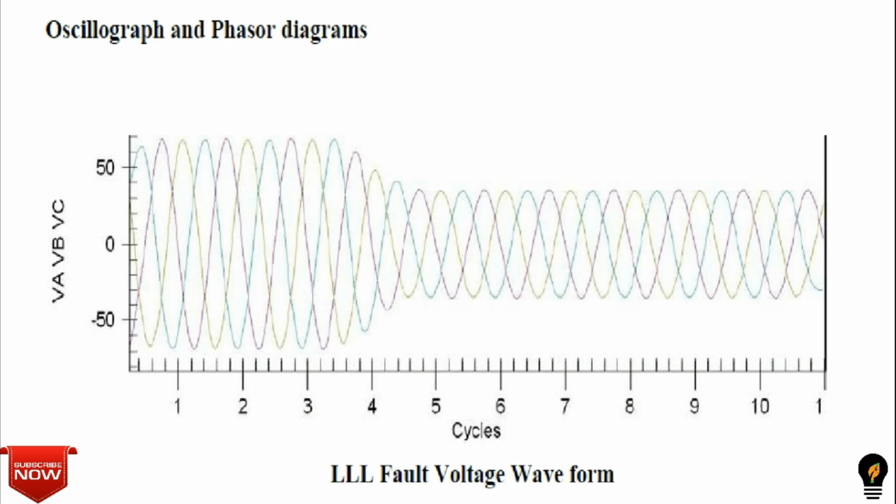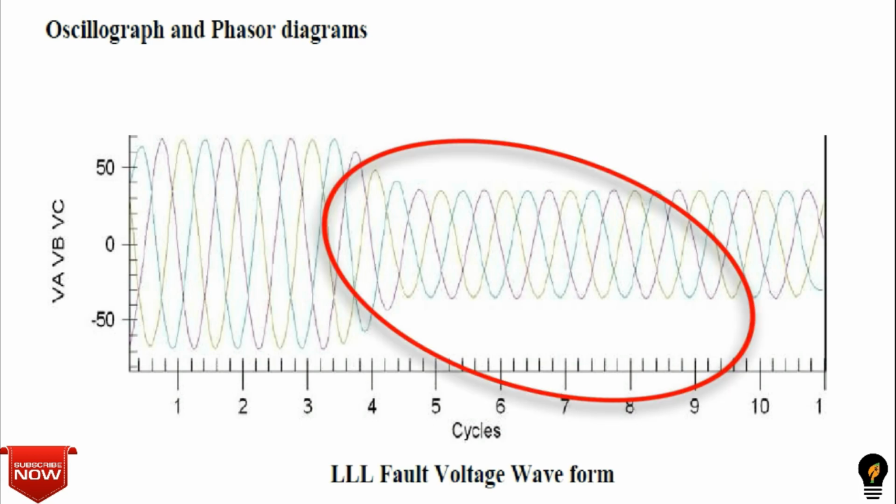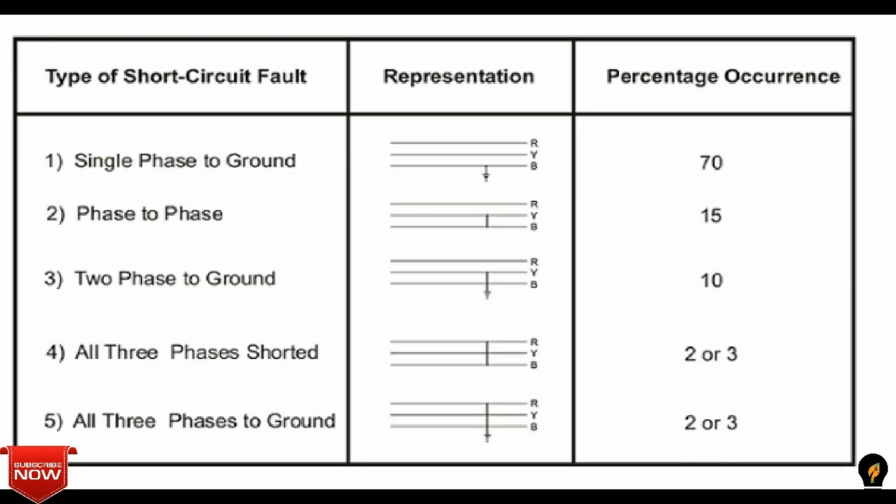So here you can see when such a fault occurs, there is a voltage drop in all the three lines. These types of faults occur very rarely but are more severe as compared to the other faults. In such a fault, negative and zero sequence component currents are absent.